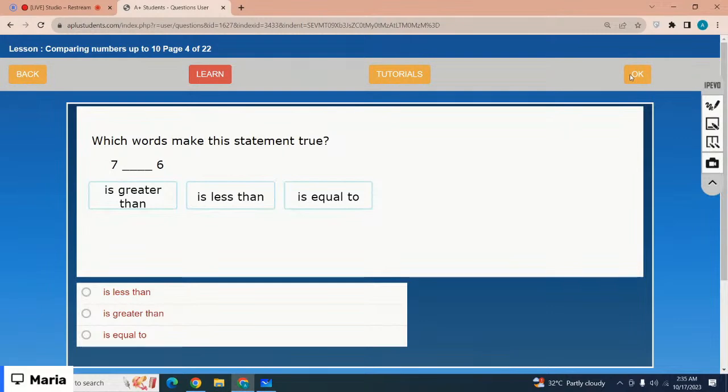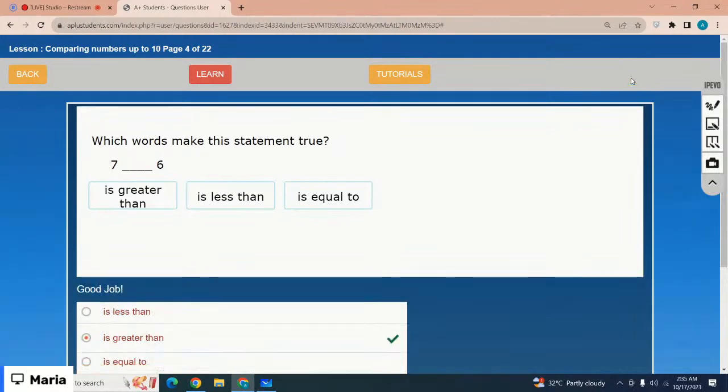The correct option is 7 is greater than 6, right? Because when you're counting, 7 comes after 6, so 7 is greater than 6. Very good.